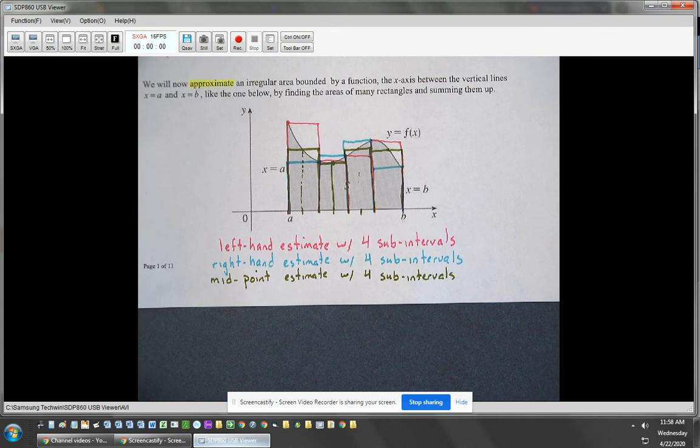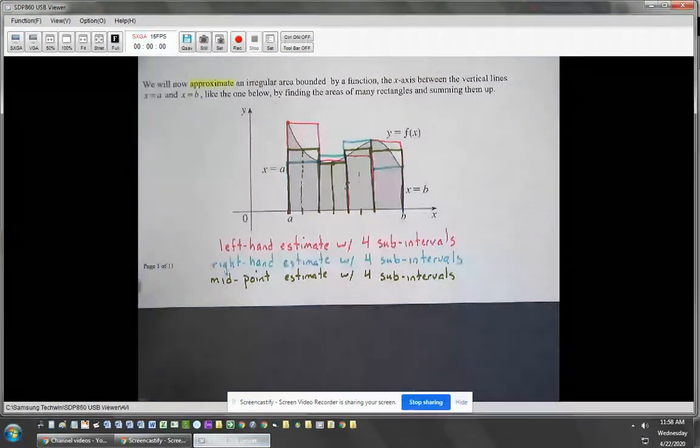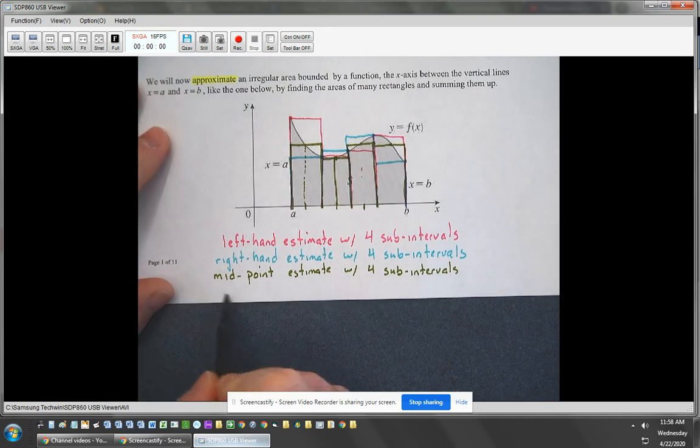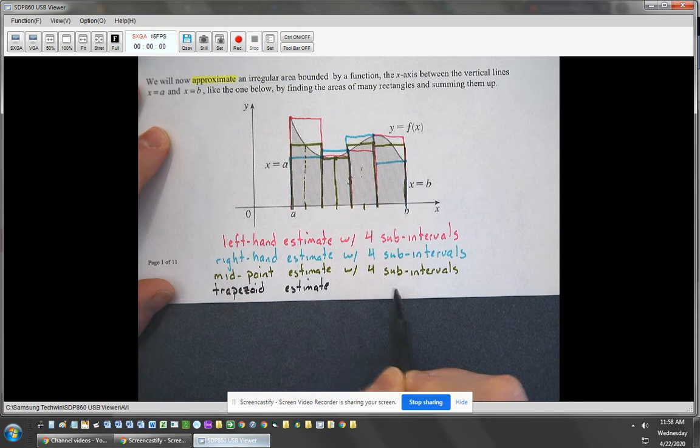And then the best one, the one that we use the most, is called the trapezoid rule. I'm actually going to do this in black so it's easier to see. The trapezoid estimate with 4 subintervals.